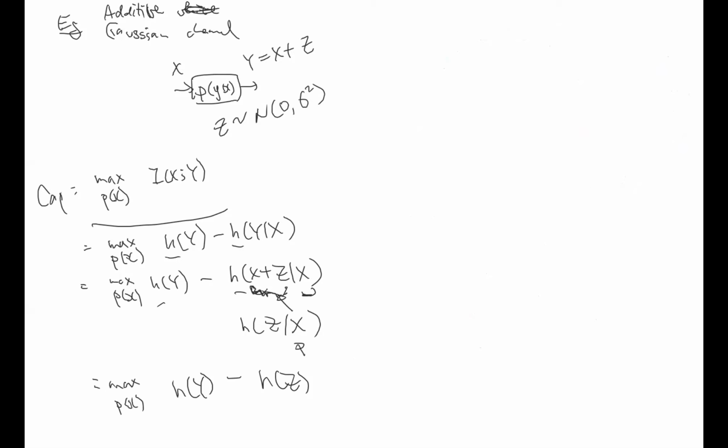Z does not depend on the input, so it doesn't depend on the input distribution P(X) here. And H(Z), by the way, if you remember the formula, is just 1/2 log 2 pi e sigma squared. So this is H(Z) here. The second term is just this one here.